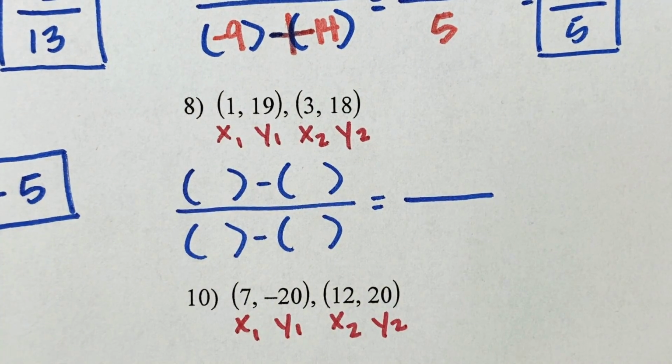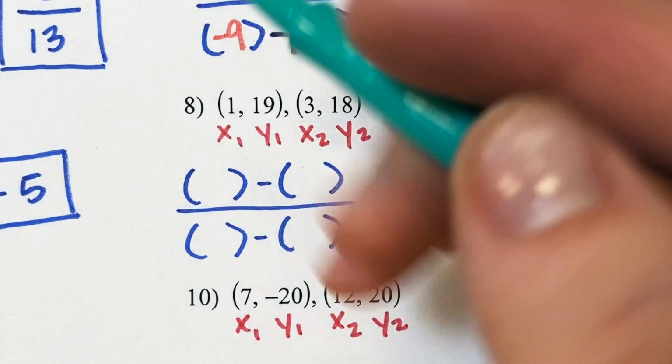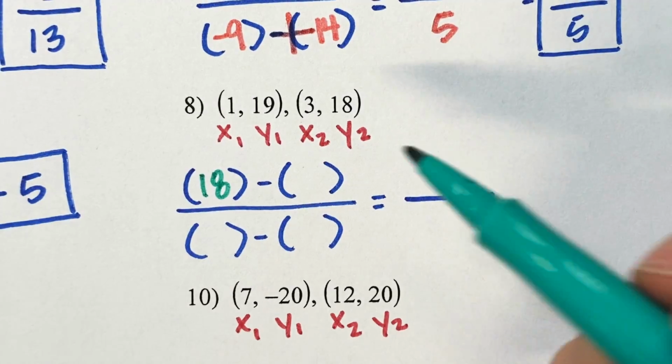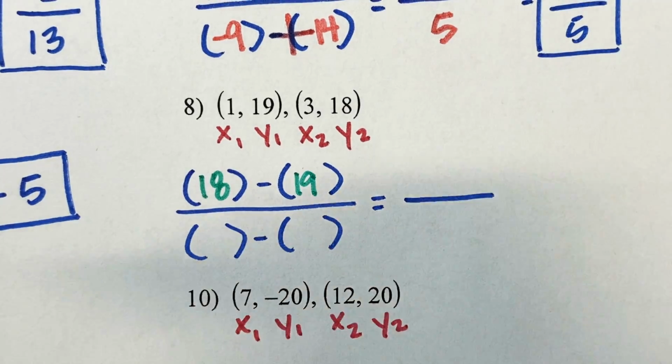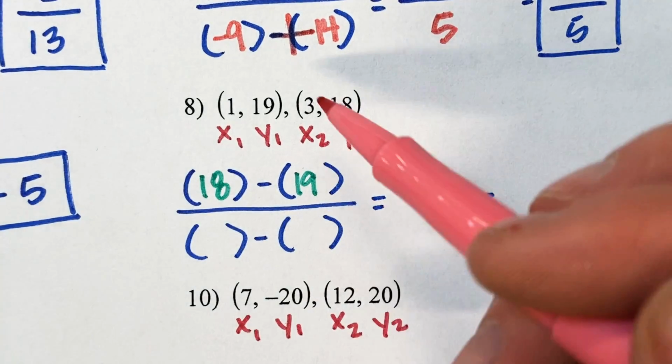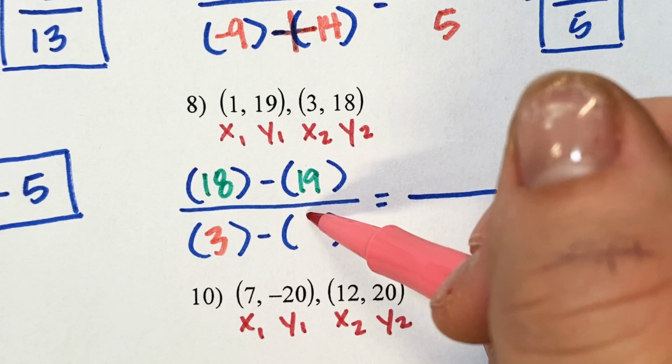So now let's fill them in. y2 is my first blank. That's going to be 18. y1 is my second blank. That's going to be 19. x2 is my next blank. That's going to be 3. And x1 is 1.